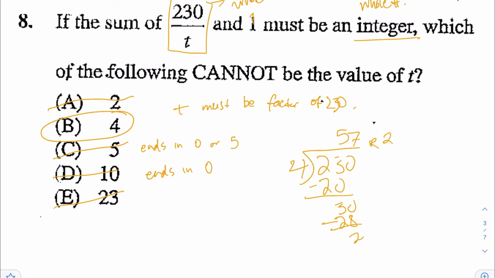So the answer here is 57 2/4, which is 57 1/2, or 57.5, and that is not a whole number. It's between integers, so 57.5 is not a whole number, so the sum wouldn't be an integer. The answer has to be B.